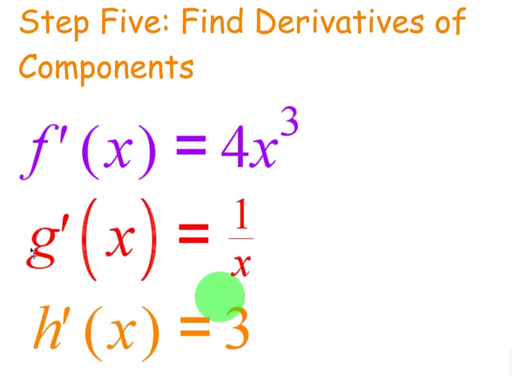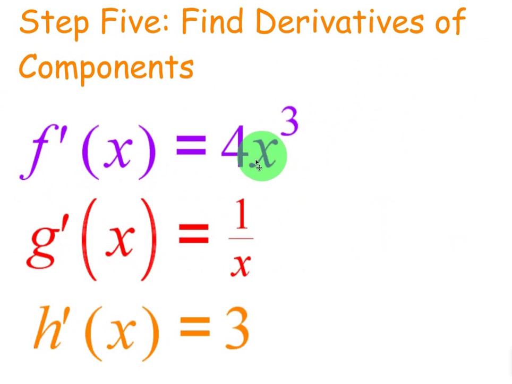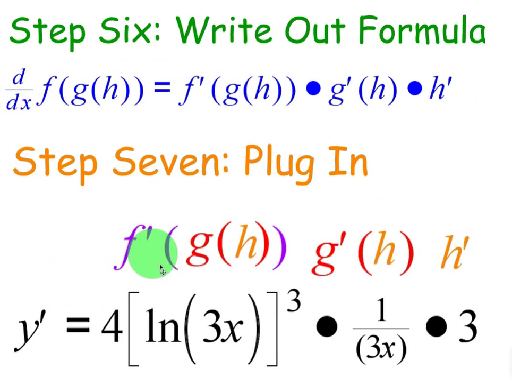Now we just figured out f prime to be 4x cubed. So I'm going to be replacing that x with whatever's left over in the function, namely natural log of 3x. So 4x cubed is going to become 4 times natural log of 3x cubed.